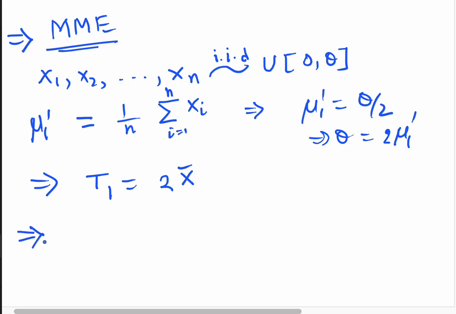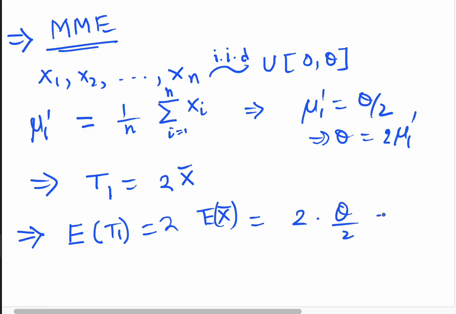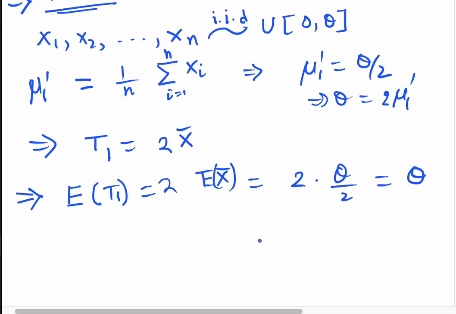And to check its unbiasedness, we have to check the expectation of T1, so 2 expectation of x bar. That will be the same, because expectation of x bar will be theta by 2, so 2 into theta by 2 will again be theta, so that means the expectation of T1 is theta.